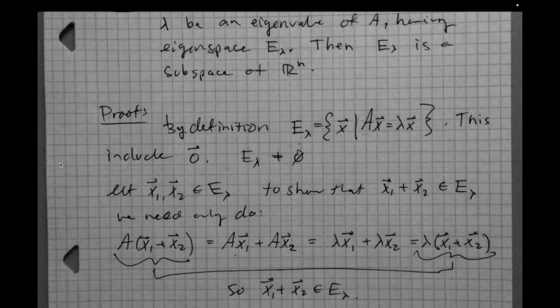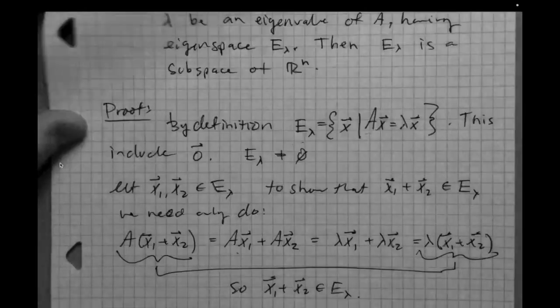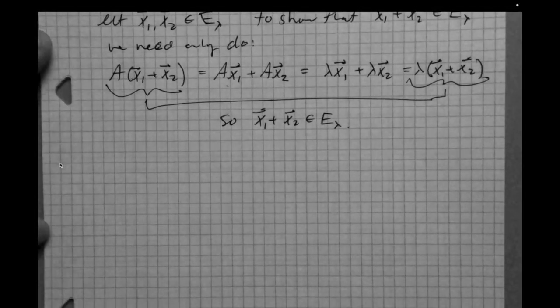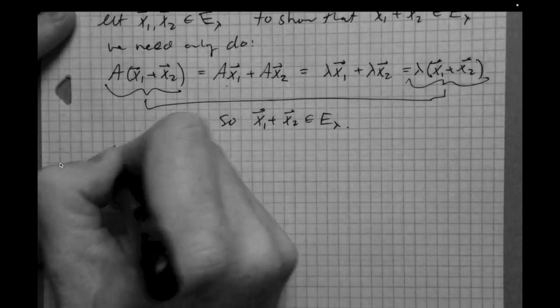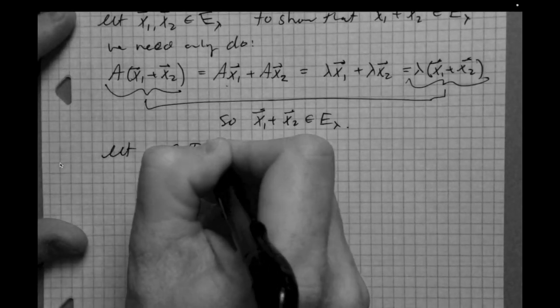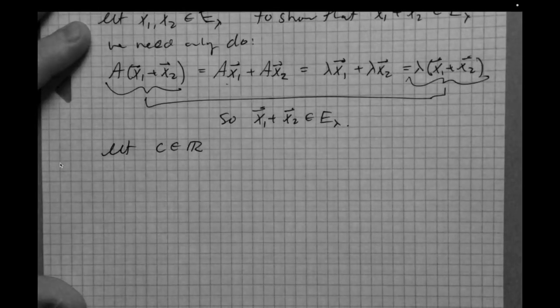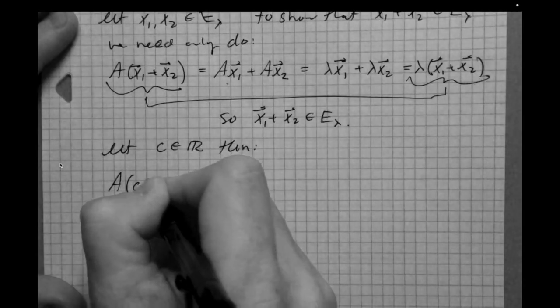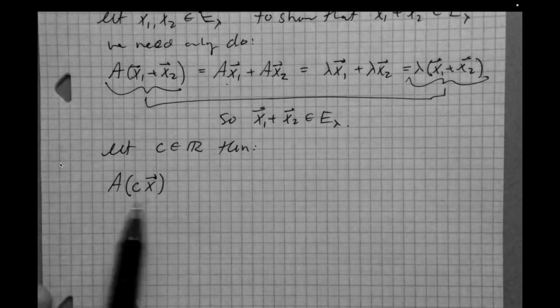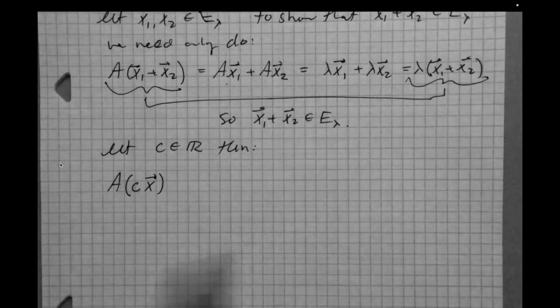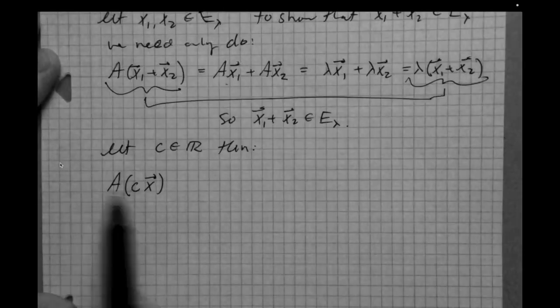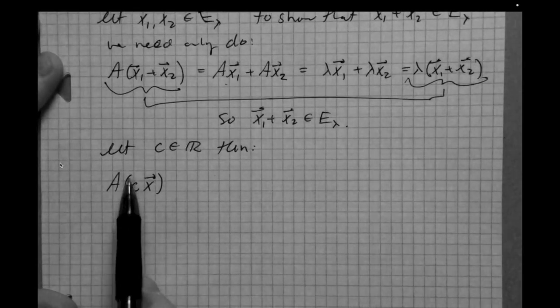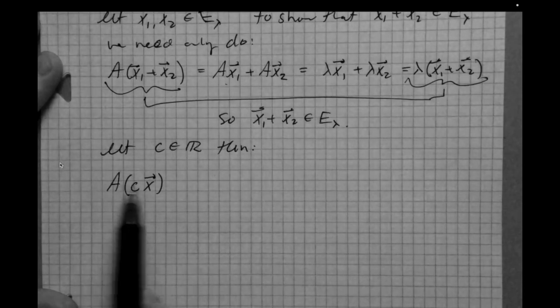Okay, so we know that's true. Now what about scalar multiplication? For scalar multiplication we can do the same thing. Let's let c be a real number. Then what can we do? Well, A times c x. What we want to show is that the same relationship that we saw here holds when we take the vector times this constant, or this scalar c. So we can change the order here, namely, we can multiply c by A to start with.